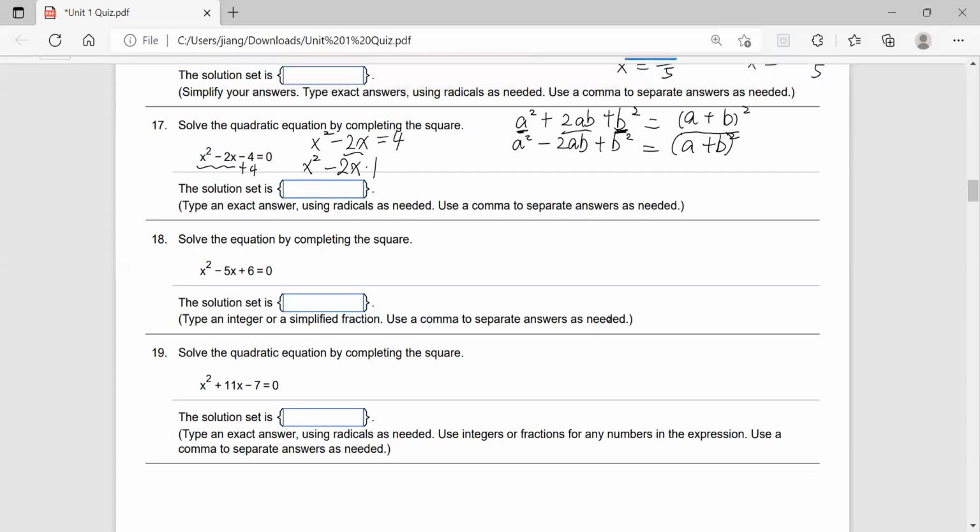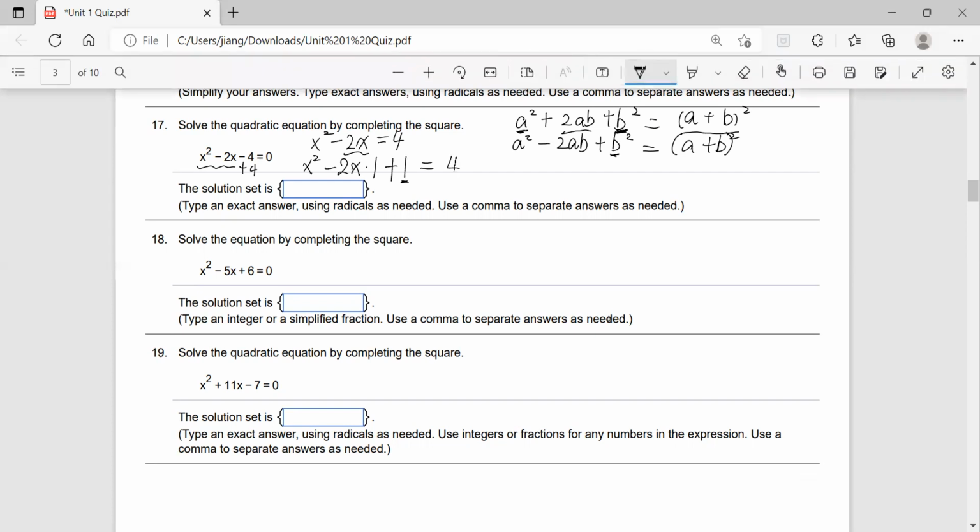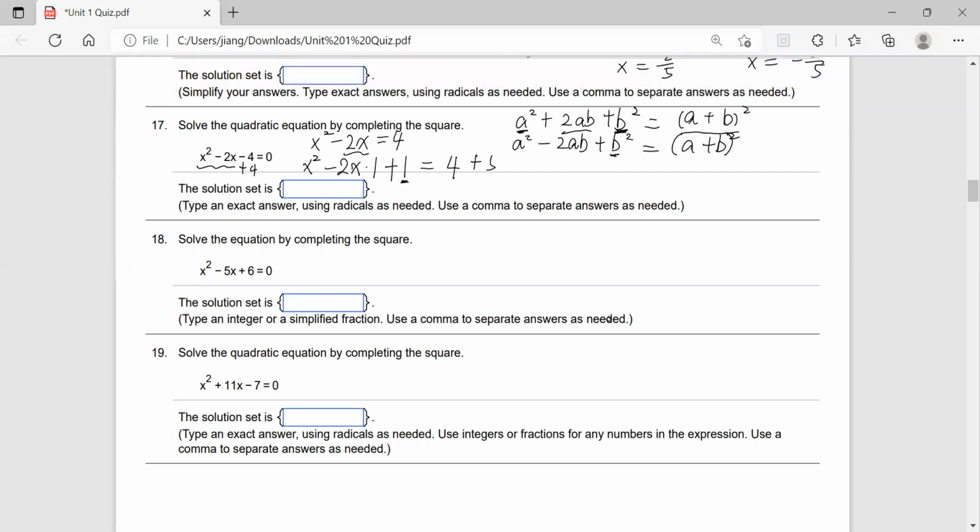Since here it is 2x, that means b is 1. And then plus b squared, which is 1 squared, that's 1. And if I add 1 on one side, I need to add the same amount on the other side. So all of this is a perfect square.